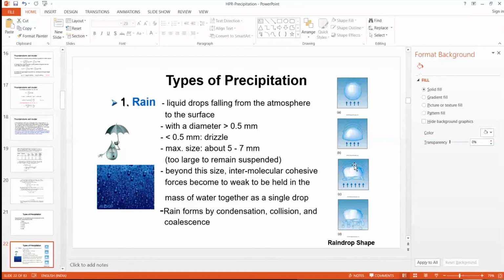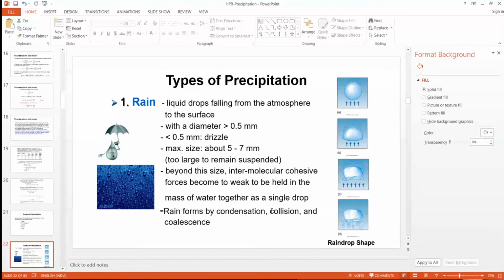Once it grows big, the drop becomes unstable because the intermolecular forces become weak. Therefore some amount of water from this drop evaporates back to the atmosphere. Rain forms mainly by condensation, but condensation alone doesn't become rainfall, because the raindrop size should be more than a certain threshold.